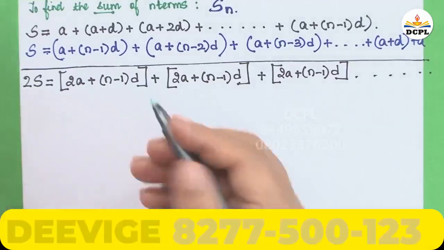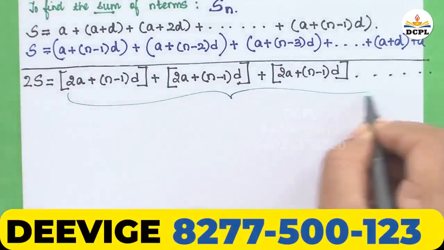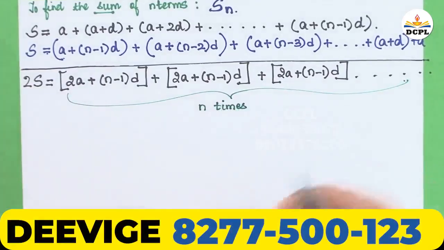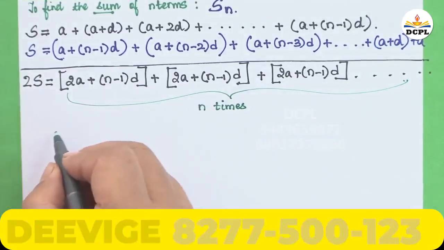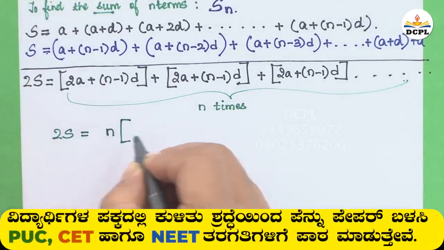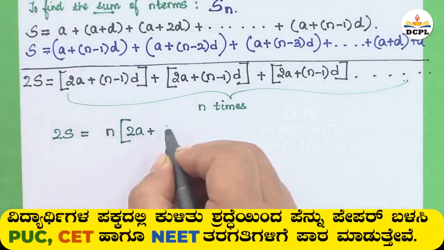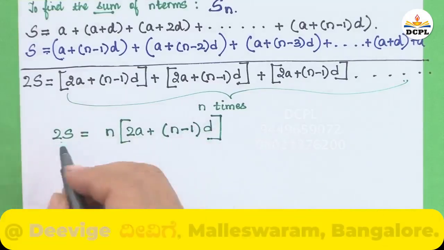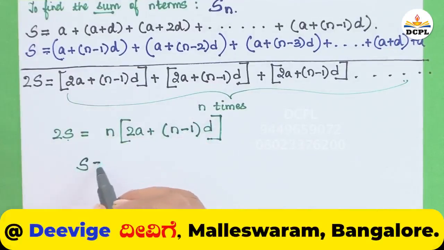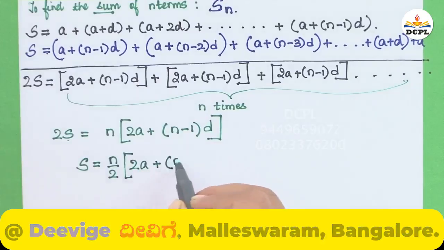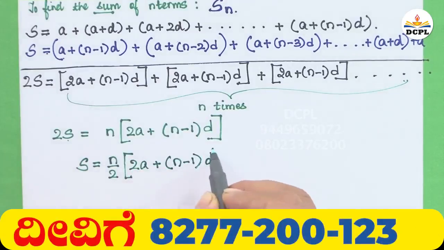So this is going to appear n times. So if I were to write it again, 2Sn is nothing but n times 2a plus n minus 1 into d. Now since I need only S, it can be got by writing n by 2 into 2a plus n minus 1 into d.